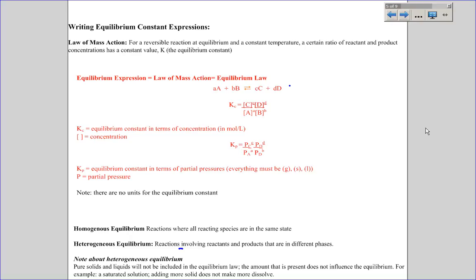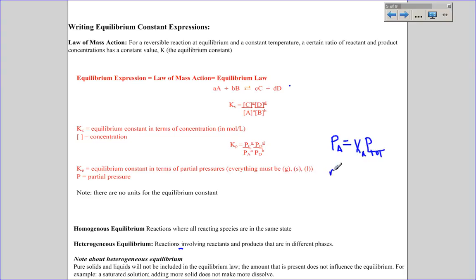You'll recall that the partial pressure of a substance, so if I want the partial pressure of A, that's equal to the mole fraction of A times the total pressure.